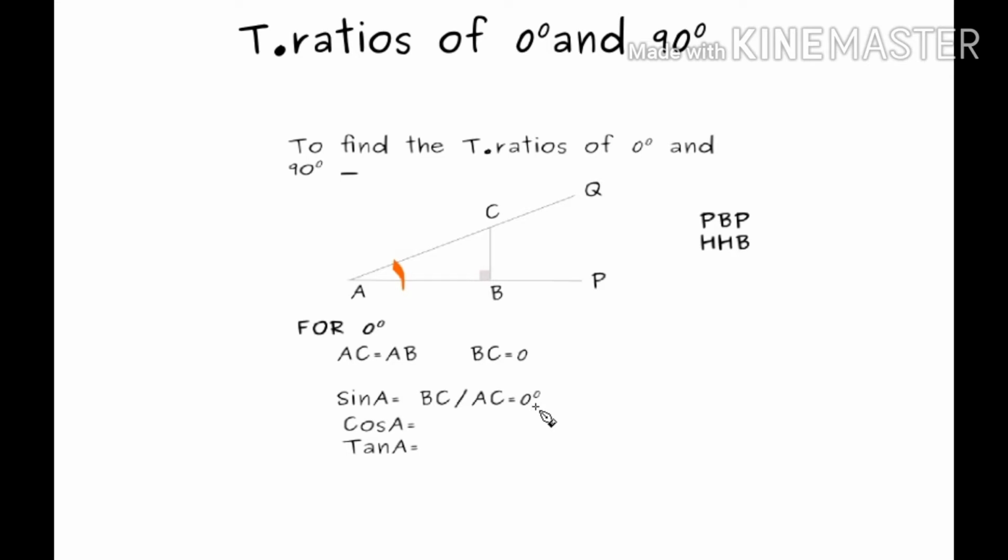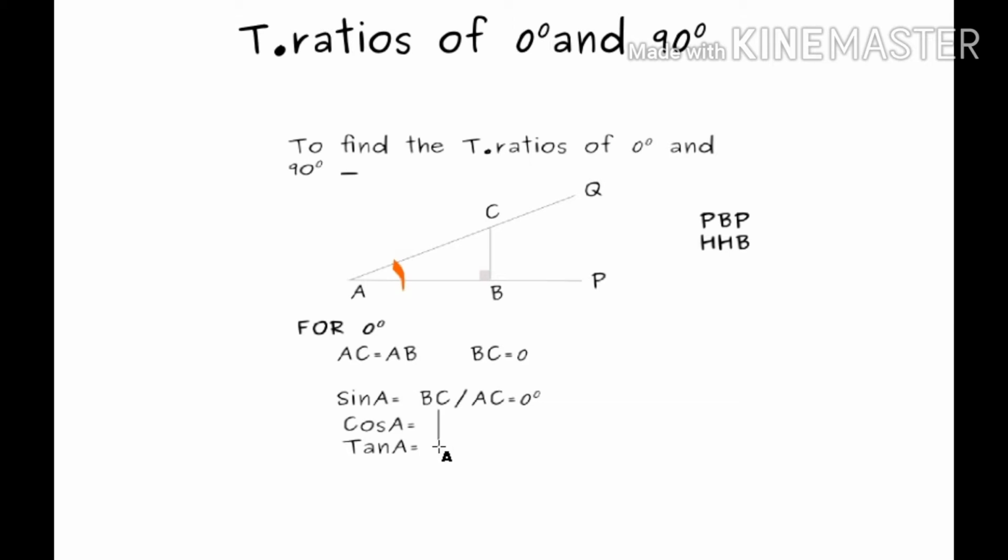Understand? Okay, now what about cos A? Cos A is equal to base upon hypotenuse. And what is the base? Base is AB, and hypotenuse is equal to the base. So this gives rise to one.